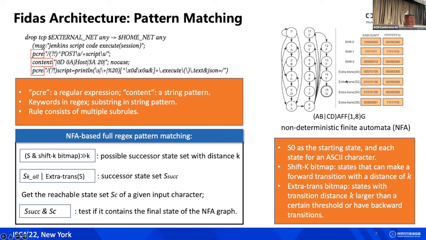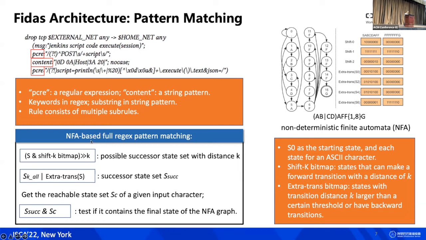Those are the states that can make transitions larger than the distance of K or make backward transitions.